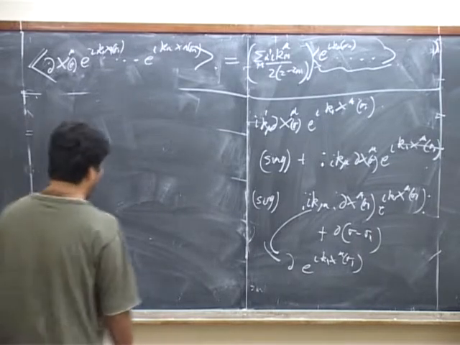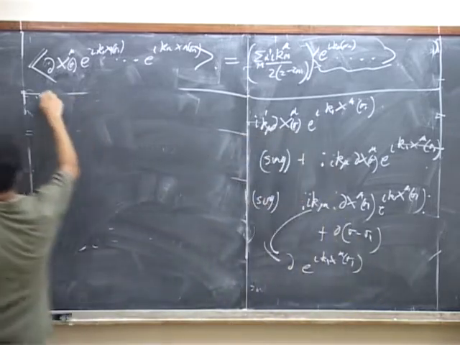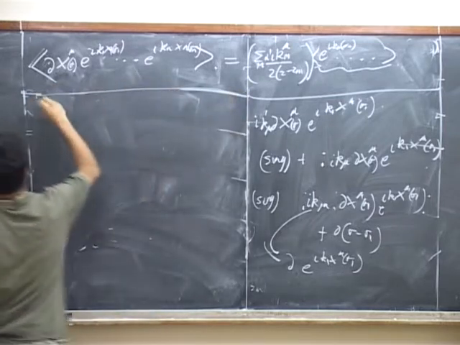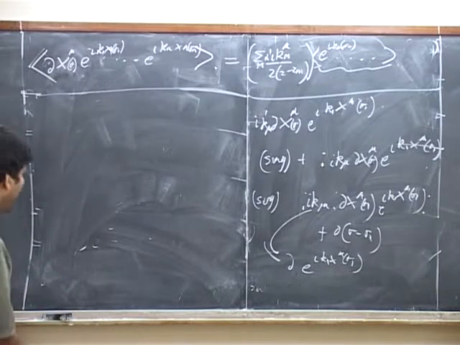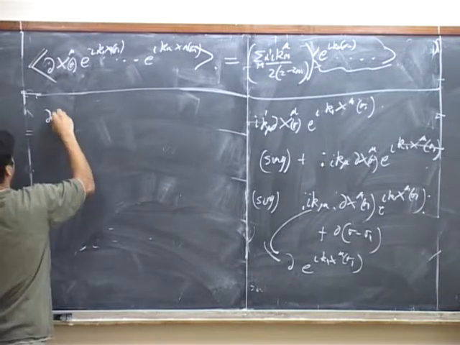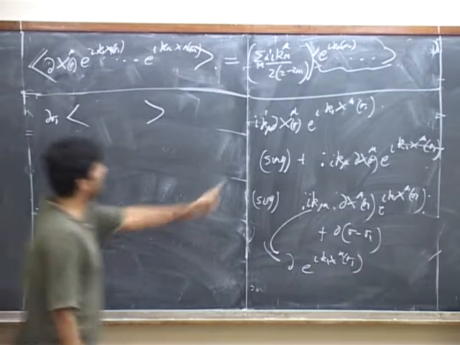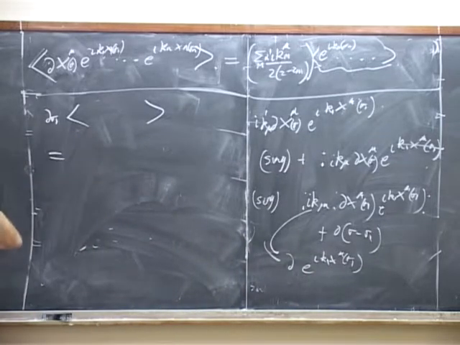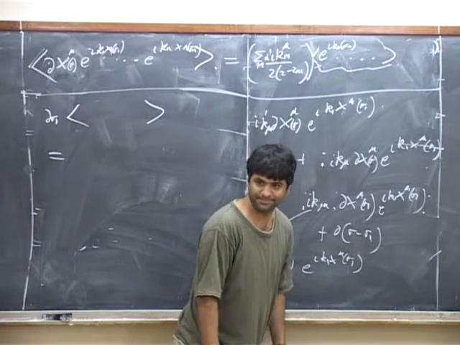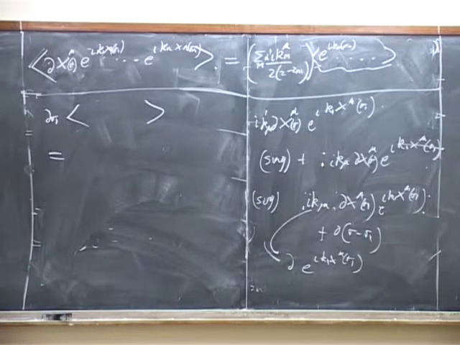We have the following claim: the derivative with respect to sigma 1 of the thing we want to calculate is equal to the order 1 part of the OPE, the term that is order 1 when you take sigma to sigma 1, in the sigma minus sigma 1 expansion.